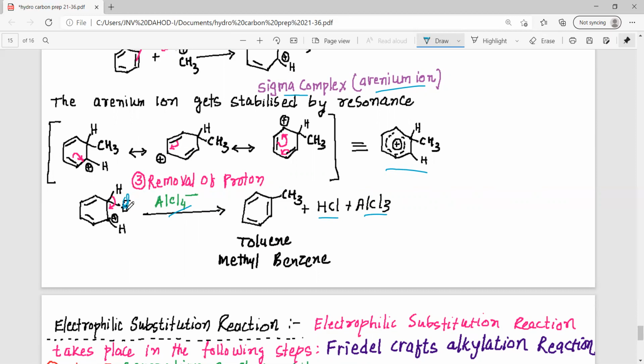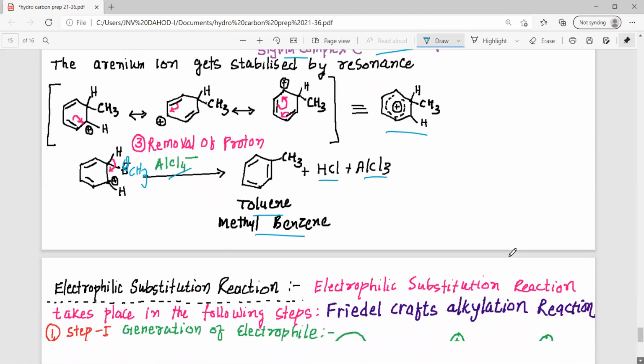Instead of E, we can write here CH3, and thus this CH3 or methyl group is bonded to the benzene ring, and this is how we understand the production of methyl benzene or toluene in this particular case.